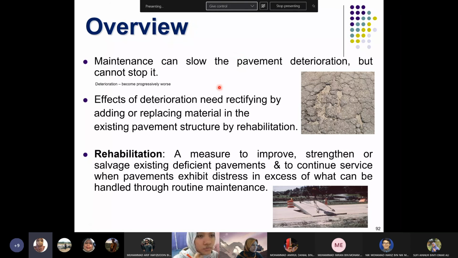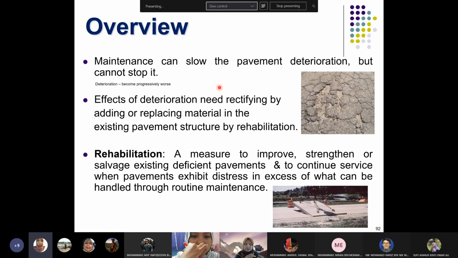Look at this. What it means by pavement repair or rehab. It is a maintenance which it can slow the deterioration, but it cannot stop it, right? Effects of deterioration need rectifying by adding or replacing material in the existing pavement structure by rehab works.